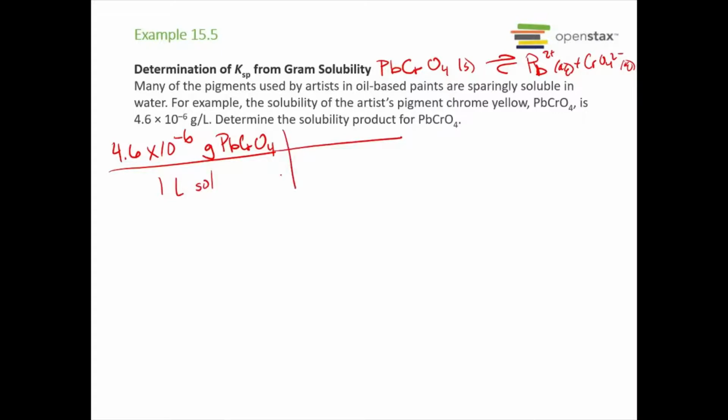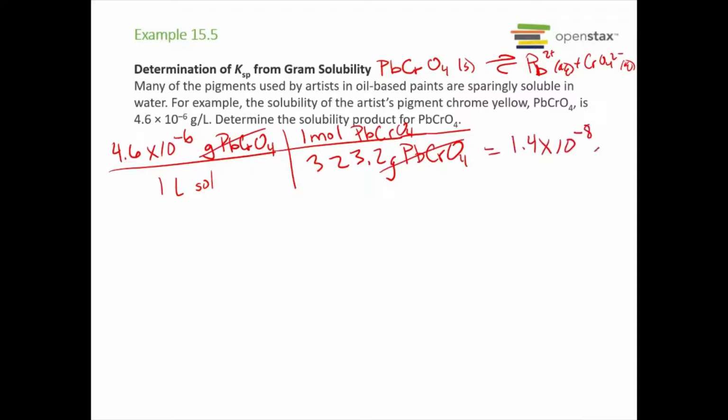And we need to turn that grams into moles. So we use good old molar mass. And we know there's 1 mole of PbCrO4 for every 323.2 grams of it. So you could either calculate this using periodic table molar masses or just look it up. And so you can see our grams cancel, gives us moles per liter, which is molarity, 1.4 times 10 to the negative 8th molar.